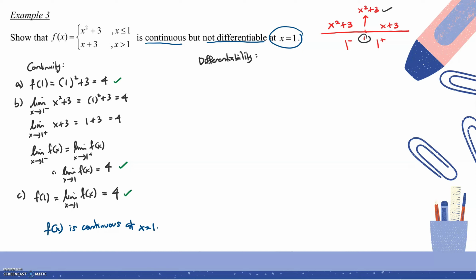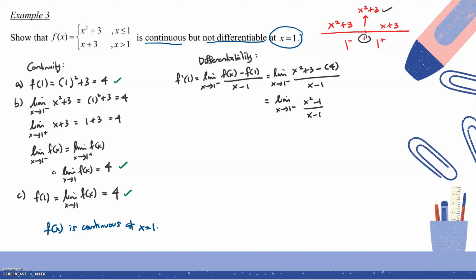Next, we need to check the differentiability. f prime 1 is equal to the limit as x approaches 1 from the left of f(x) minus f(1) divided by x minus 1. So the limit as x approaches 1 from the left, f(x) is x squared plus 3 minus f(1), which is equal to 4, divided by x minus 1.